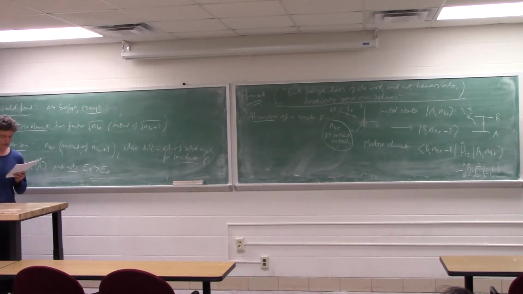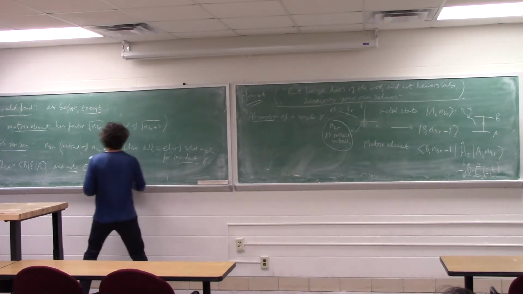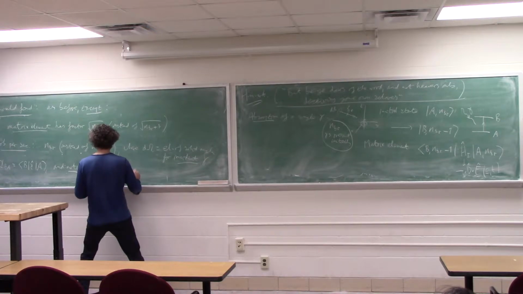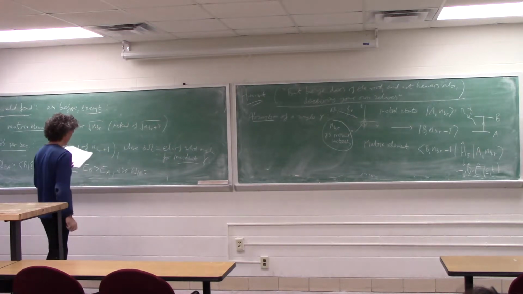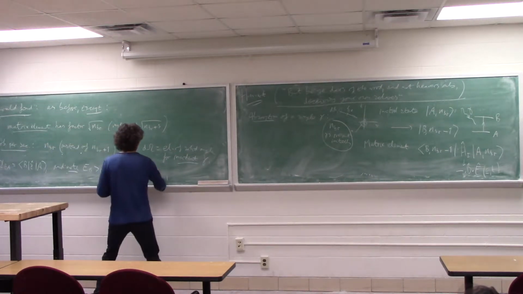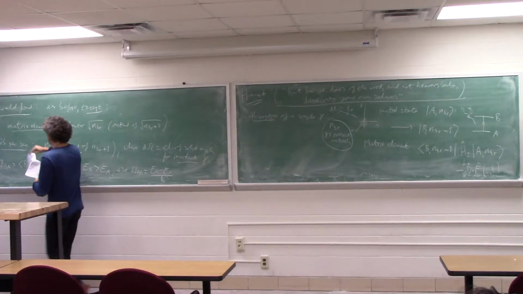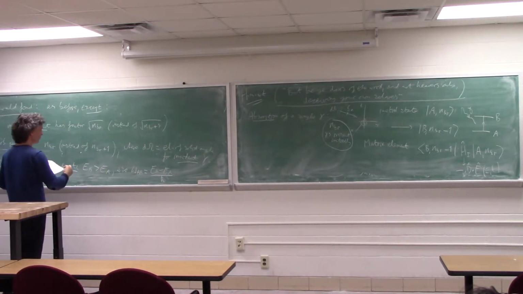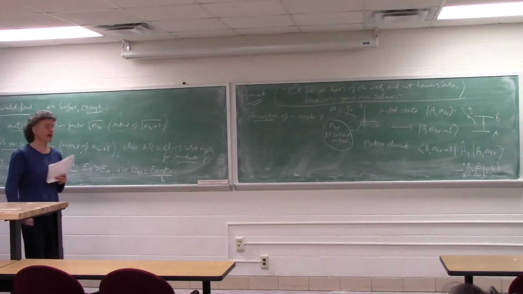It's making a transition to an upper state, and so our frequency omega_AB is going to be E_B minus E_A over h bar. Whereas before it was the other way around. Before it was E_A minus E_B, now it's E_B minus E_A.